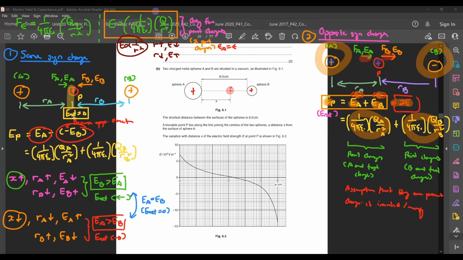What if I go towards the left or right of that point where ENet is 0? If say I go towards the right hand side, I'm expecting to see something like this. This part here is where ENet is towards the left, because EB more than EA.